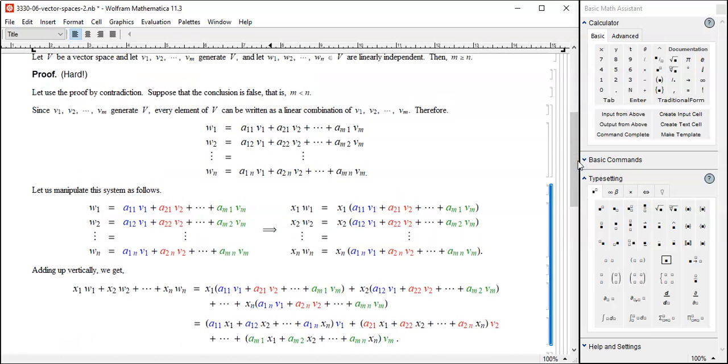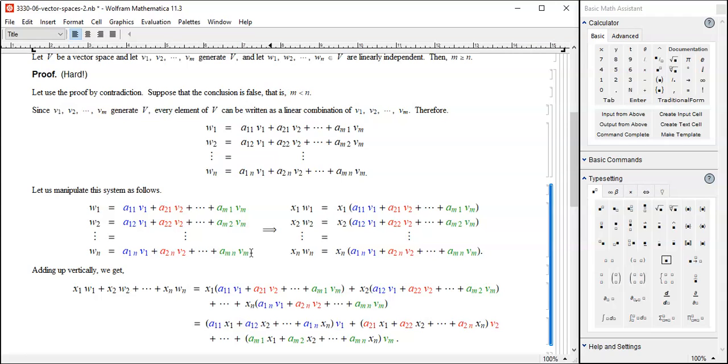In order to help you understand, I did a bit of color coding, but we are not going to use those yet. So rewrite all this with a little bit of color coding, but the same thing. W1 is a linear combination, W2 is a linear combination, and all the way to Wn, that too is a linear combination of V1, V2, V3, all the way up to Vm.